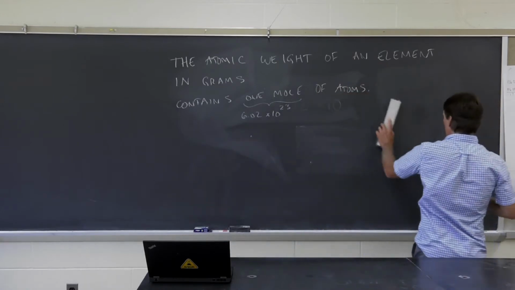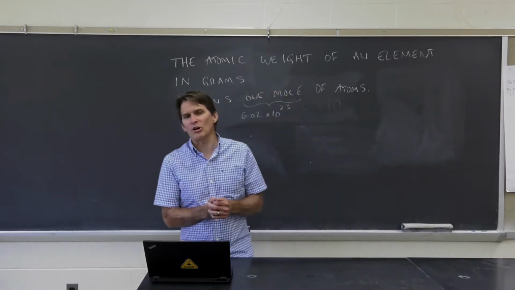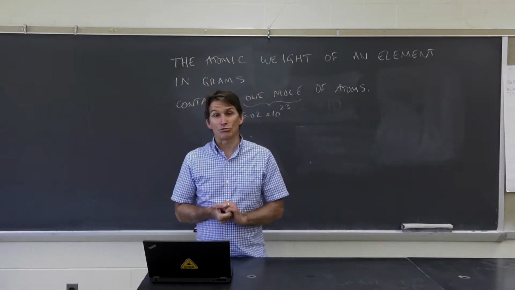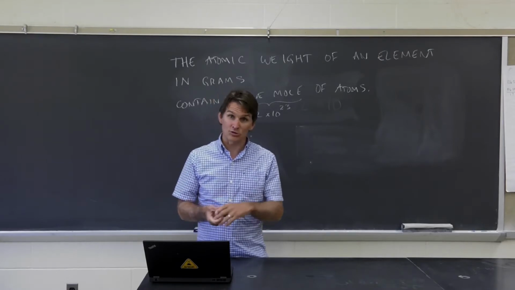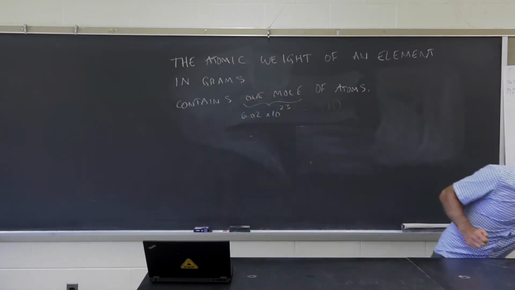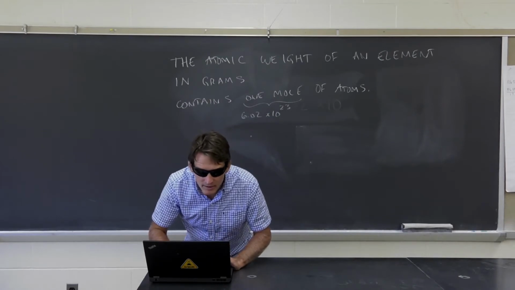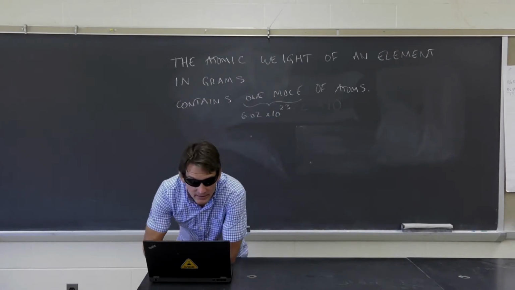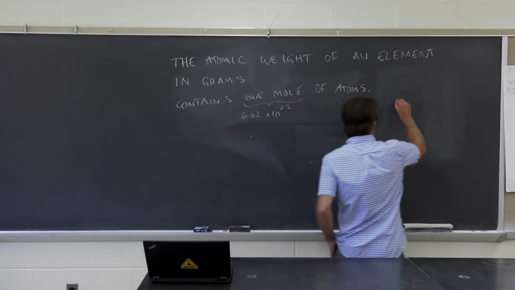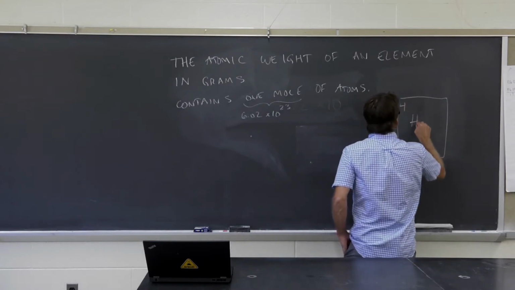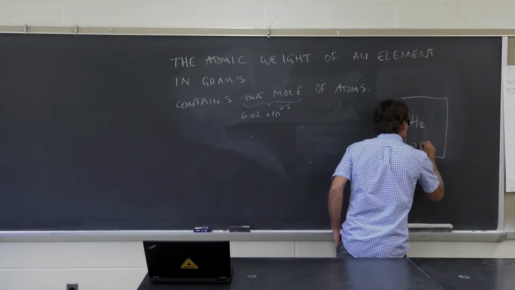So if you just look at your periodic table, I want you to tell me how many grams of helium are in 1 mole of helium atoms. So just look across at the periodic table at helium. I see the helium with the 4 up here, and if I look down below, I see 4.003.